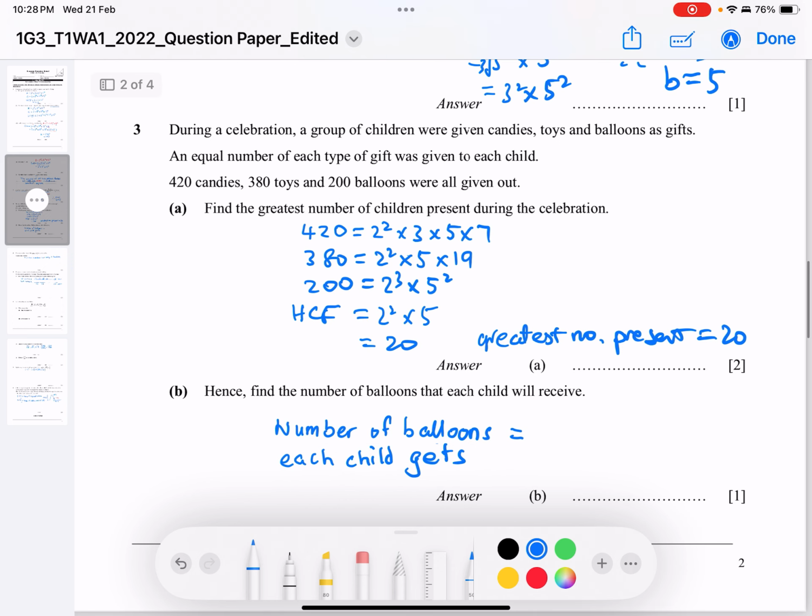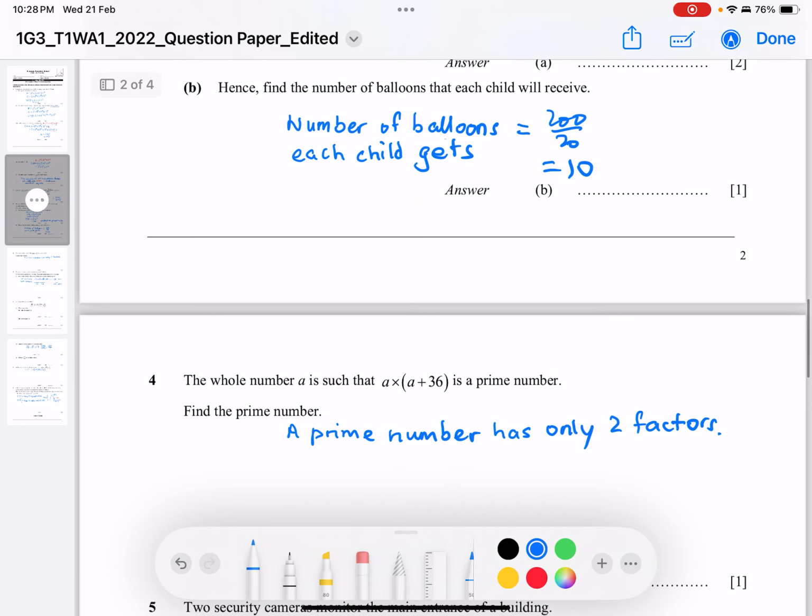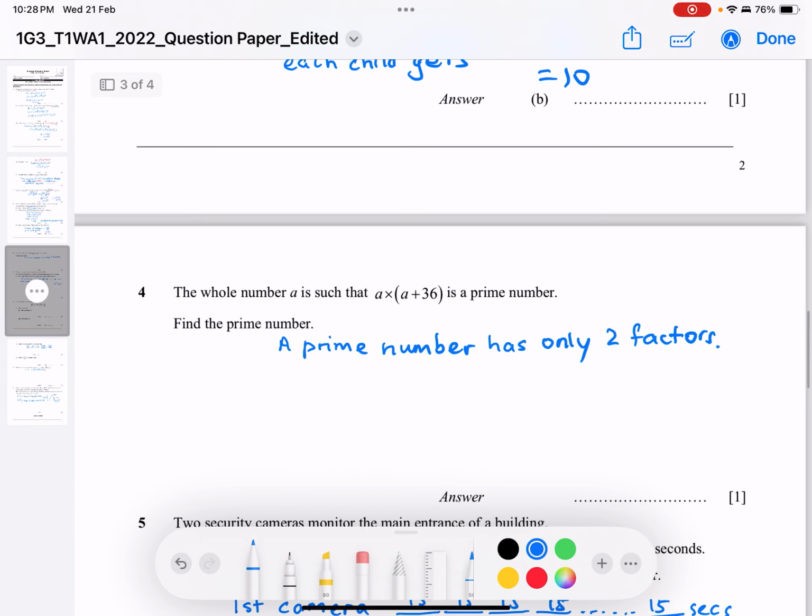Now there are 200 balloons, so each child will get 200 divided by 20, which is 10 balloons. In number 4, we have to find a prime number. This is a prime number.